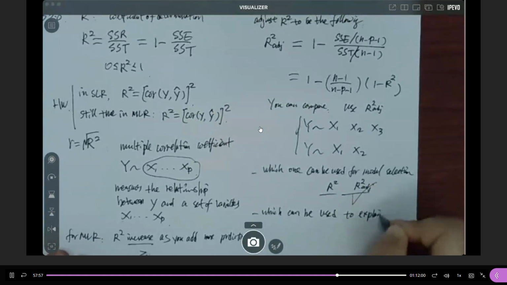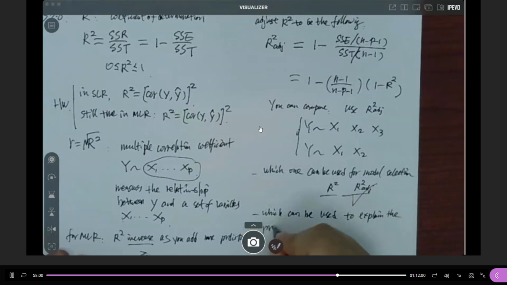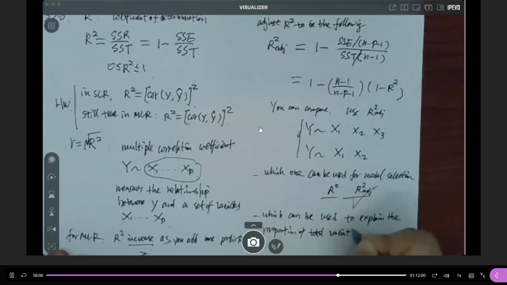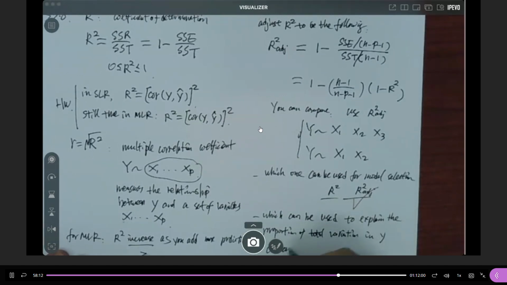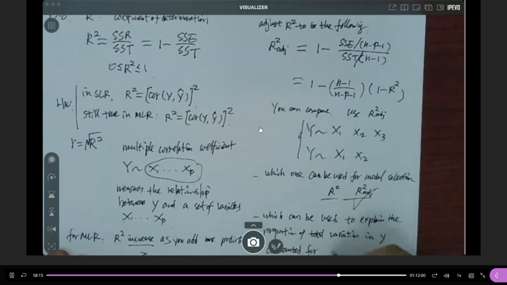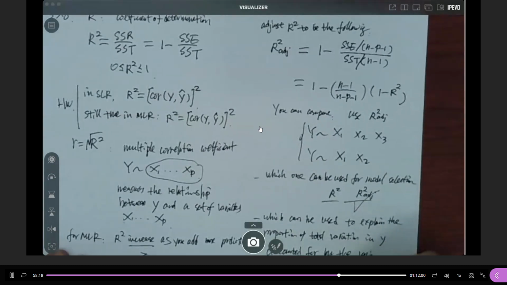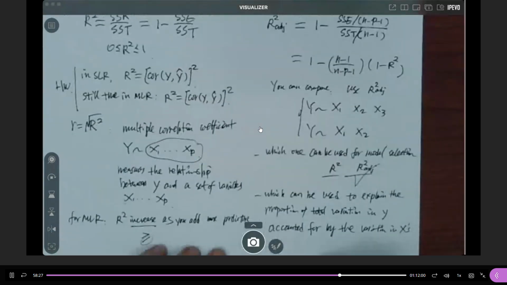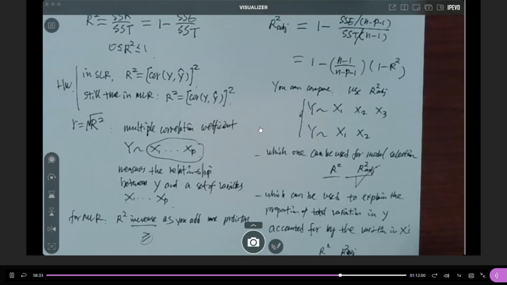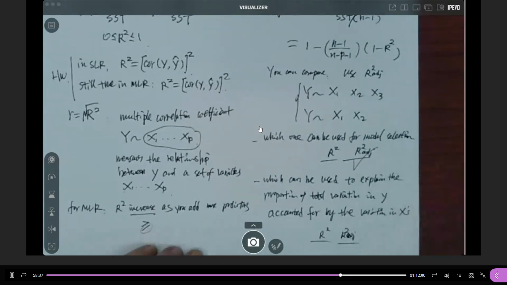Then which one can be used to explain the proportion of total variation in Y that can be accounted for or explained by the total variation in X, or rather the X's, plural, between R squared and R squared adjusted?